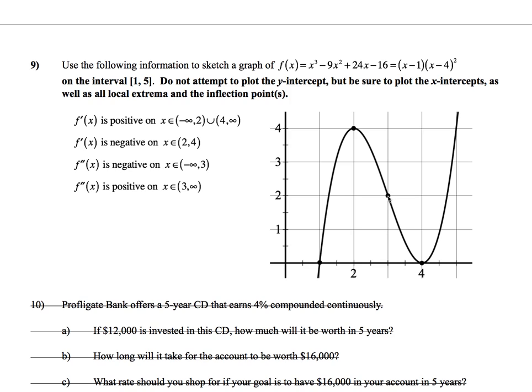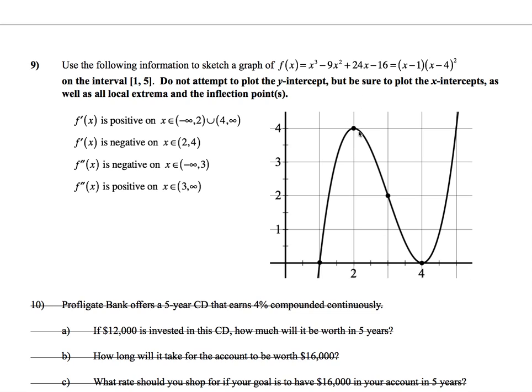Now we know that the first derivative is positive from negative infinity to 2. So that means that the function is increasing, it's climbing from negative infinity to 2. And it makes sense because here's our local maximum. Then the first derivative is negative from 2 to 4.